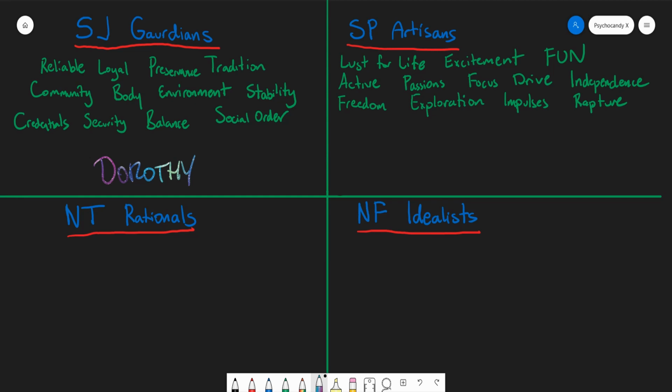The SPs generally have this ability to be completely focused and driven, much like an artist or a musician can fall into this state of complete rapture and sort of be one with their instrument or one with their tool, and to be completely lost in the moment and just be one with the moment.